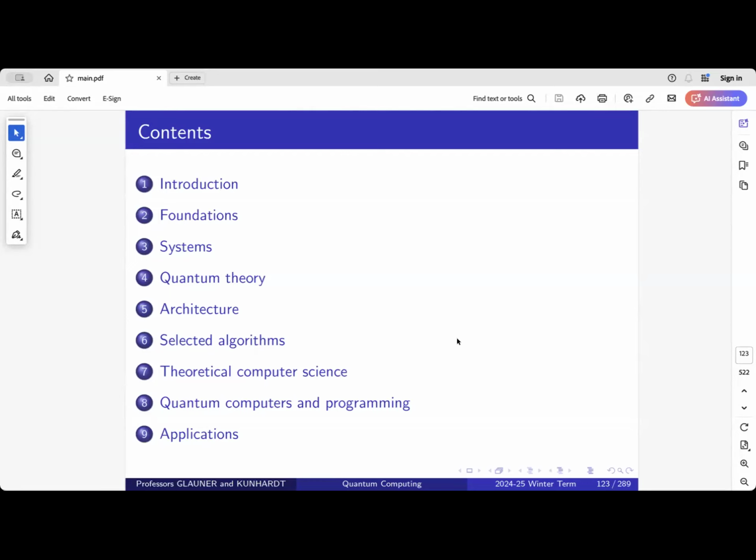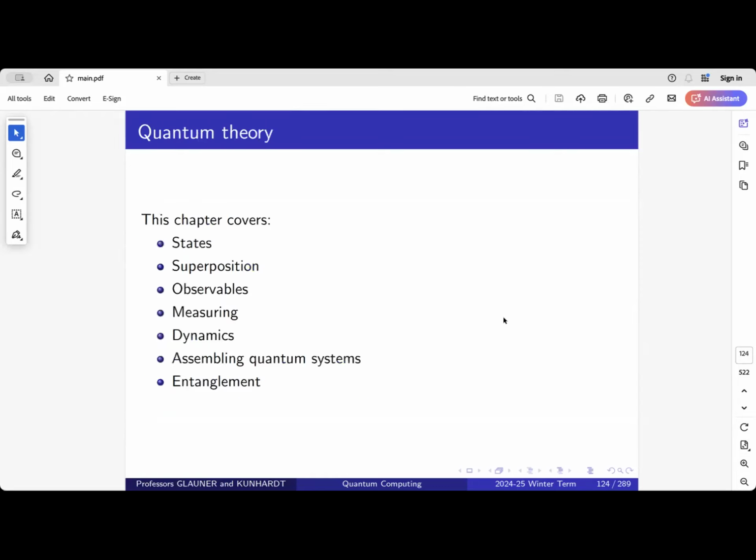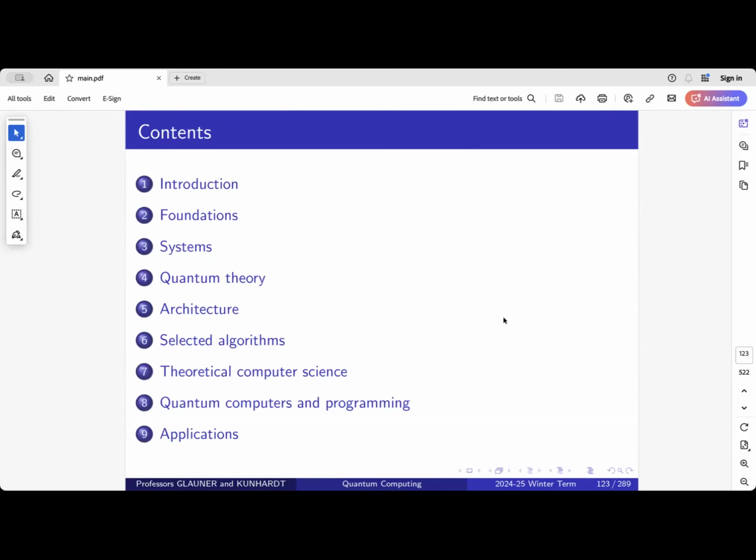A lot of these things we're doing now in a more generic way will become extremely simple when we deal with qubits. Yet I want to give you a little bit of an intuition to think in terms of these more generic states, and it will become easier to understand a lot of the work around qubits in the next lecture then.